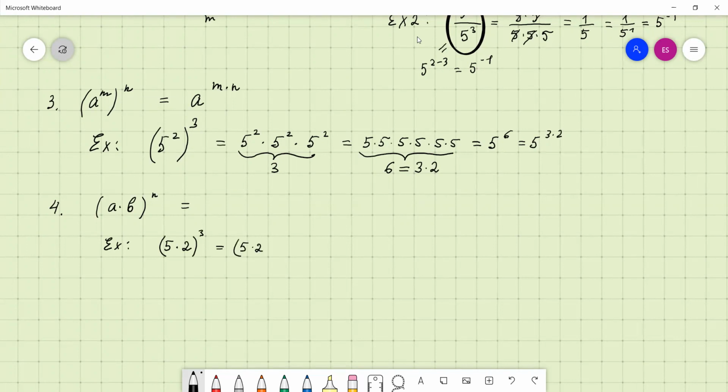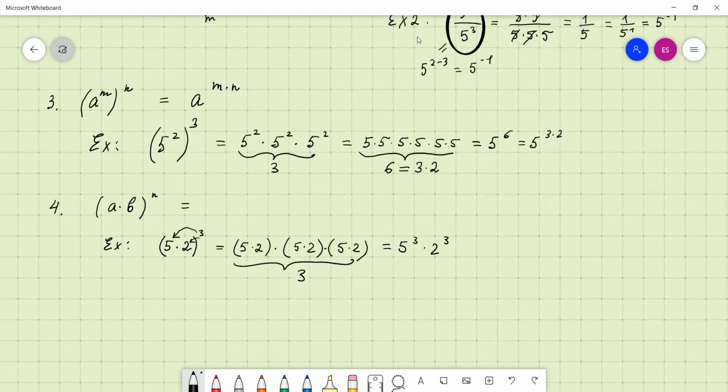So it's 5 by 2 multiplied by 5 by 2 and multiplied by 5 by 2, 3 times. You see that in this product, we have 3 5s and 3 2s, right? So for us, it's going to look like we just distributed this 3 over 5 and over 2.